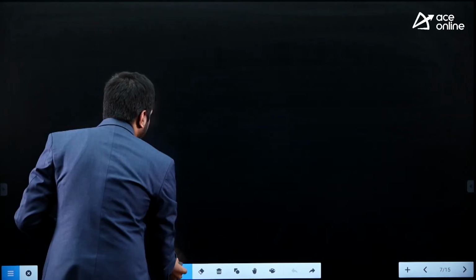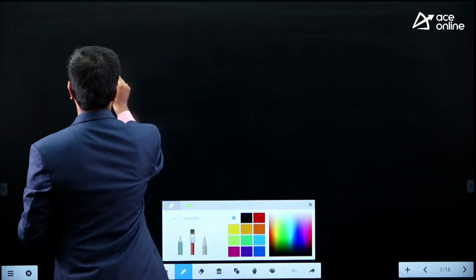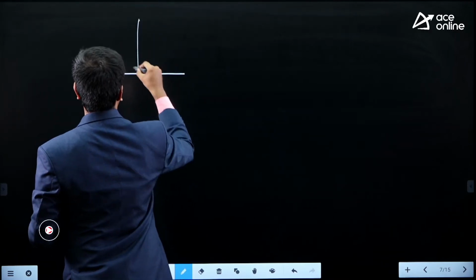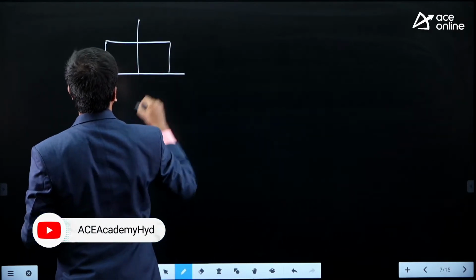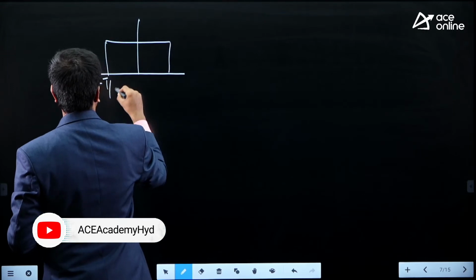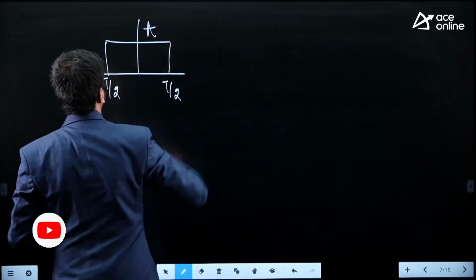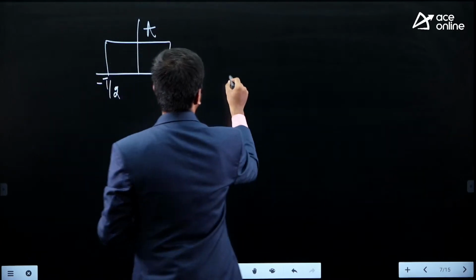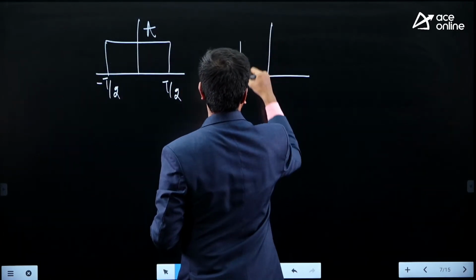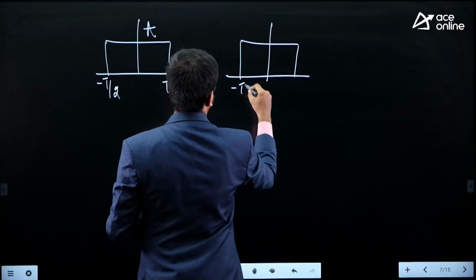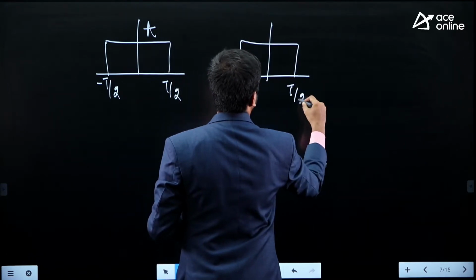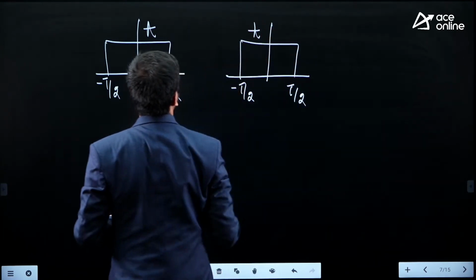The main idea is, let's take a rectangular pulse from -T/2 to T/2 with amplitude A. Let's take another rectangular pulse, -T/2 to T/2 with amplitude A.